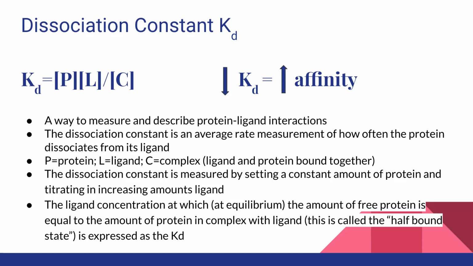I wouldn't think too deeply about that. I would know what it is, but just remember that the lower the KD, the higher your affinity. It's just a measurement of the interaction between a protein and a ligand.